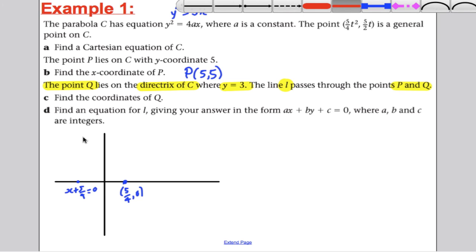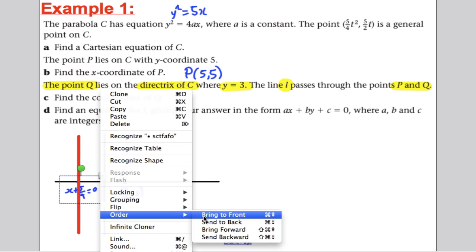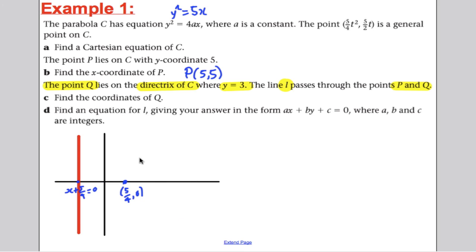Just do it in the red line, it's a bit bolder. There's my directrix. Okay, and there's my focus. And I know the curve looks something like this. I know that from my work on parabolas. It looks something like that.